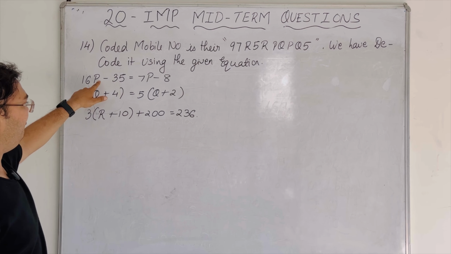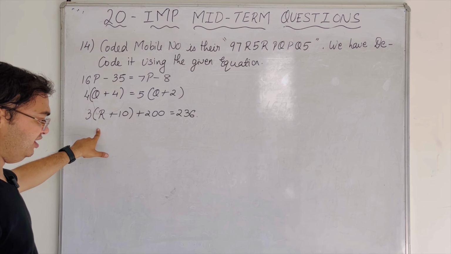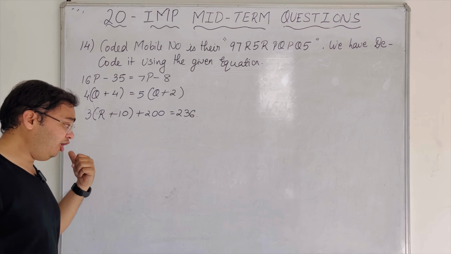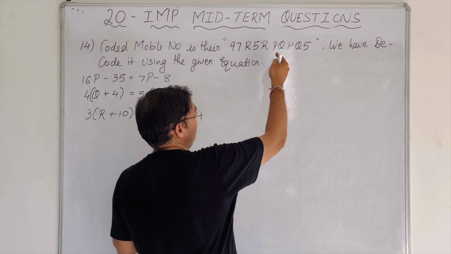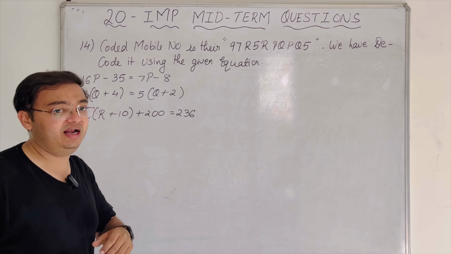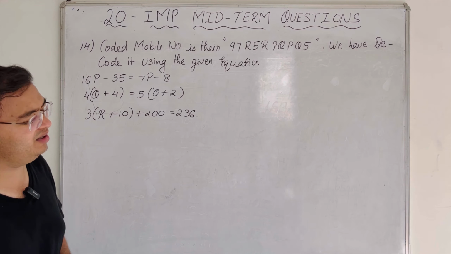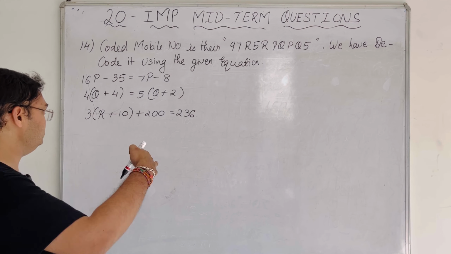From the first we will find the P value, from the second the Q value, from the third the R value. Once we find all the values of the variables, we need to place their values in this mobile number. So we will get the actual mobile number from the coded mobile number. This question is really interesting. So without wasting any time, let's start.